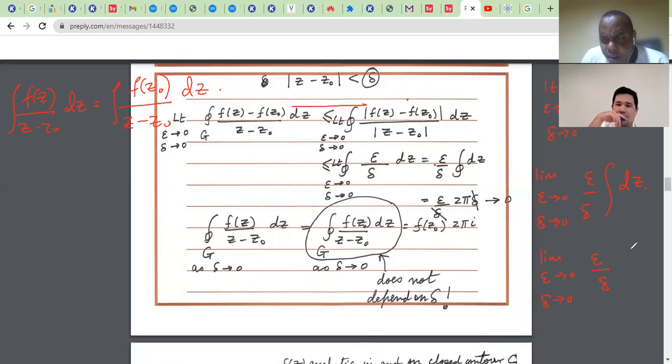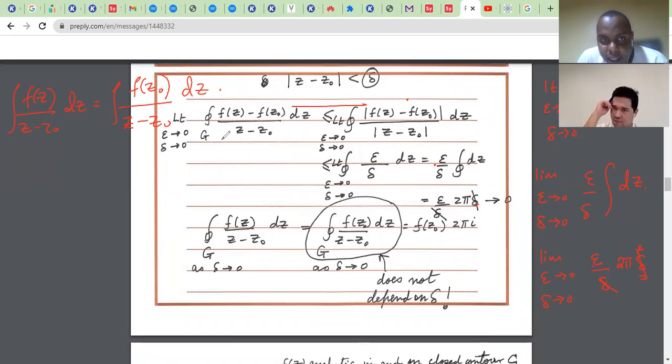And then you have 2 pi. Where is delta coming from? 2 pi times delta. I really don't know where the delta comes from. But once it cancels out with the other delta, when epsilon approaches 0, this limit approaches 0.